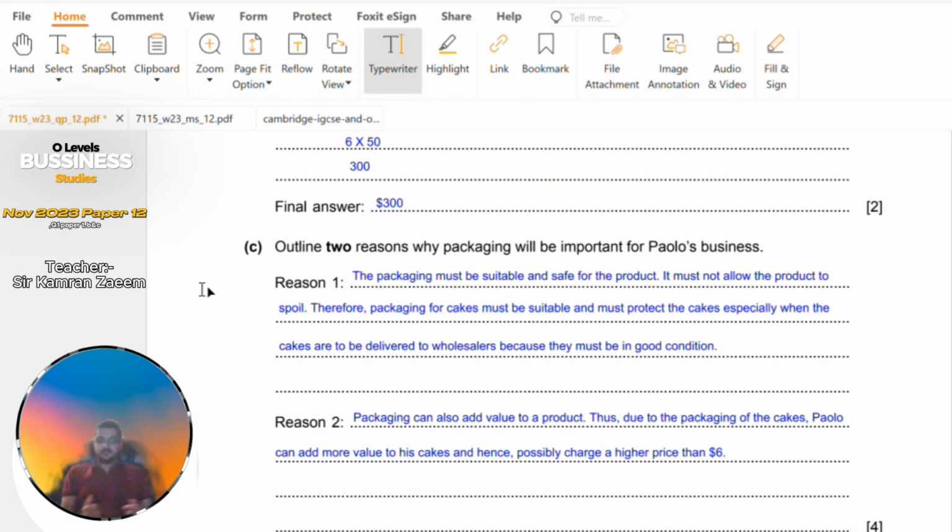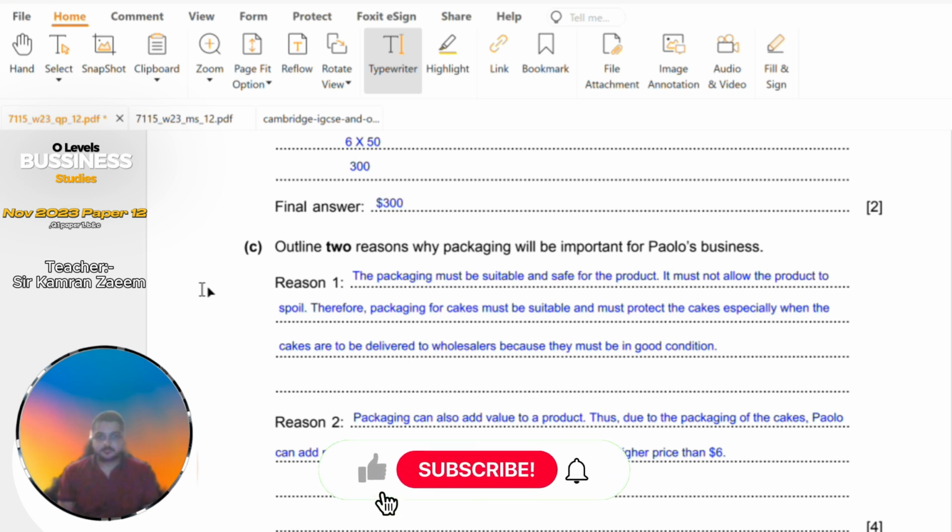If it really speaks to the customer, if it's a nice color and a design that is liked by most people, right? So that would add more value to the cake. And because of that added value, you can even charge a higher price than $6 for those cakes, right?